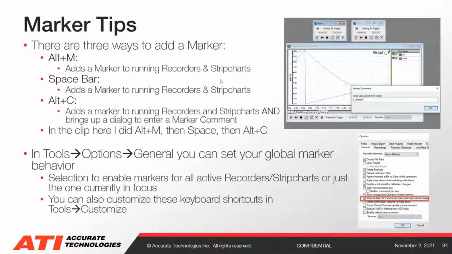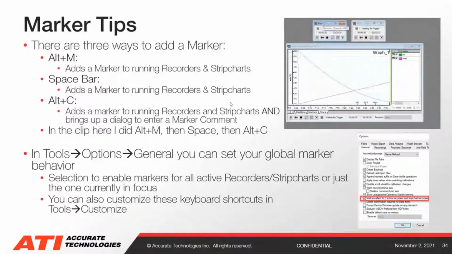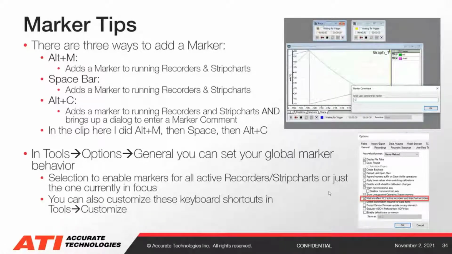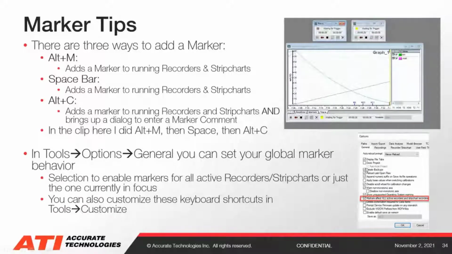Alt-C adds a marker and then brings up a dialog for you to enter a marker comment. Regardless of how long you take to enter that comment, you don't need to hurry up and enter it really fast, so your marker gets to where you want. It's already there, like that M11 right there. Those are all saved within the recorder file that you can view and analyze later on.